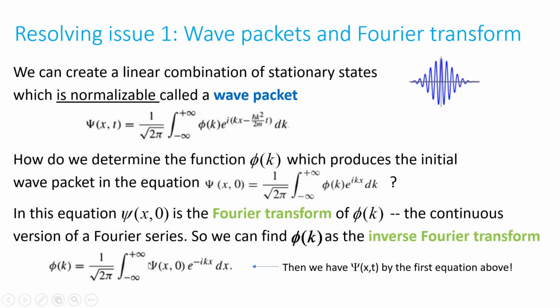So we take the initial wave function, take the inverse Fourier transform of it to get the weights of all the stationary states, and then put that back into the expression for psi of x and t. Okay. So that's the way we build up a wave packet at time t.